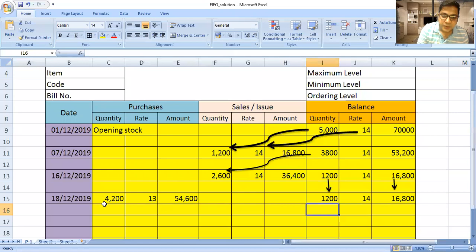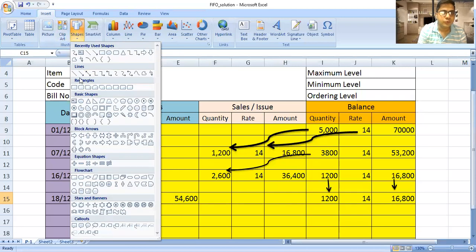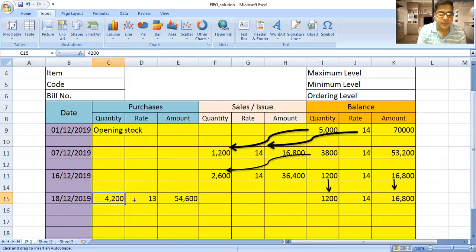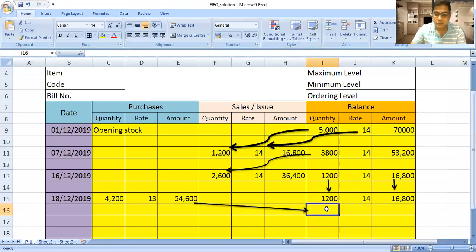And new purchases, we purchased new things. These new purchases we have to write separately. So here 4,200, their rate is 13.